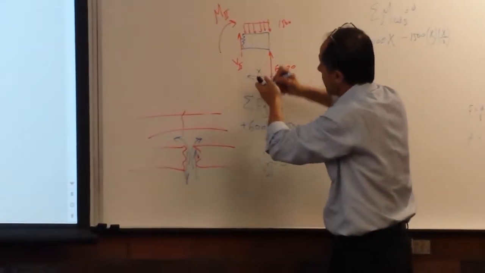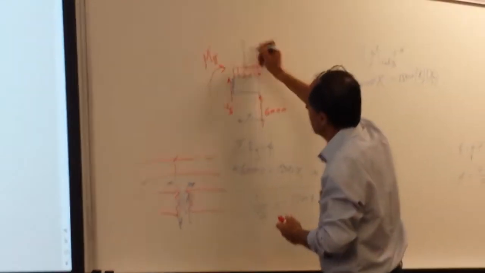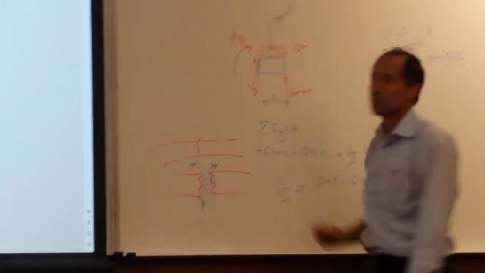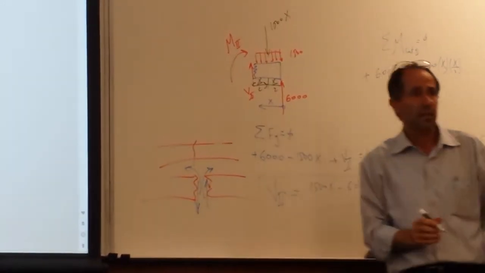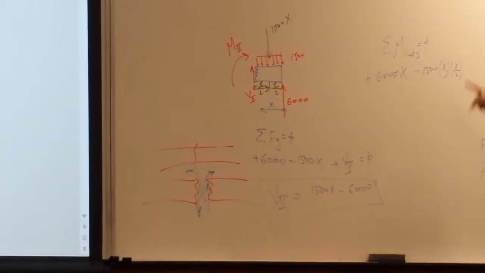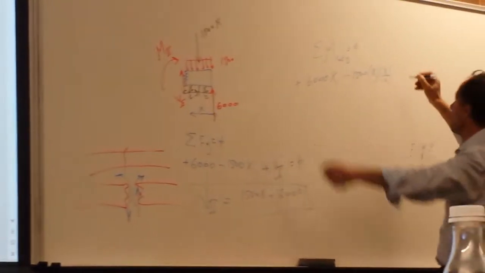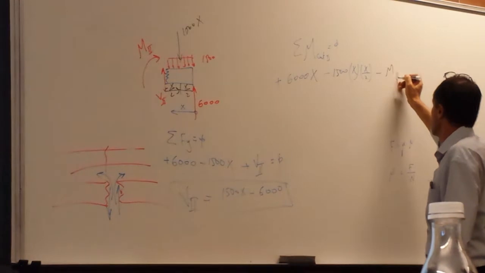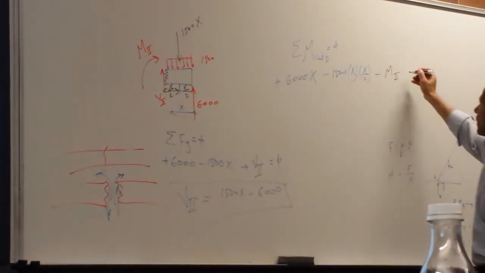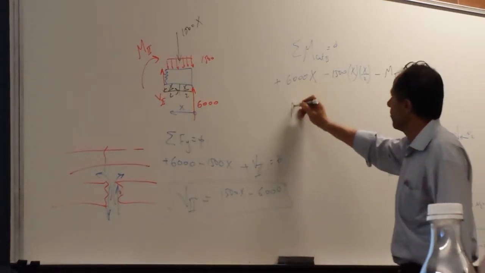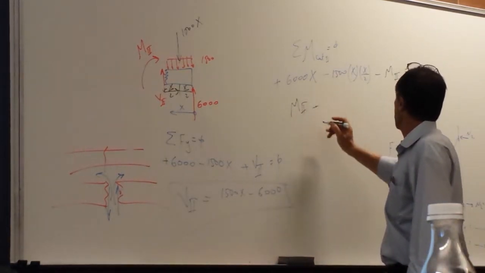This force is going to be located in here. This is the 1500x, correct? Times this distance, x over 2. Everybody? And I have the M2 negative, correct? And another thing in here, equals 0.